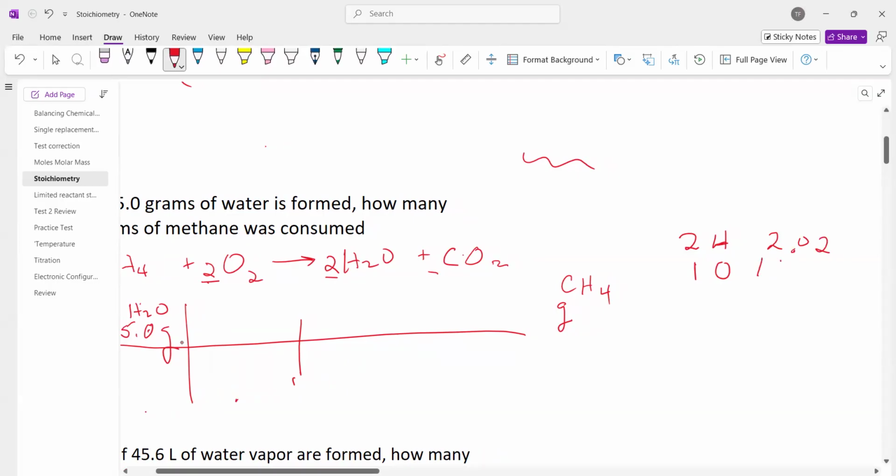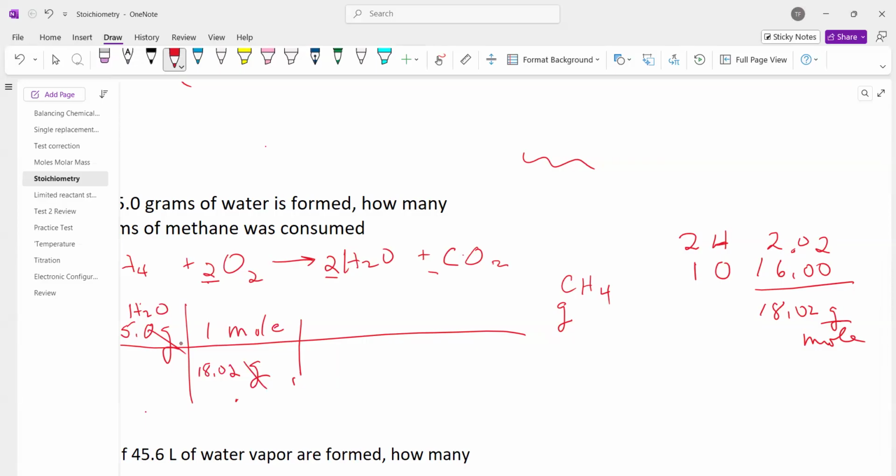Oxygen is 16. So the molar mass of water is 18.02 grams. Okay, so that comes from the periodic table directly. That'll get us grams to moles now. Grams have got to cancel, moles on top. Okay, so now we have moles of water.